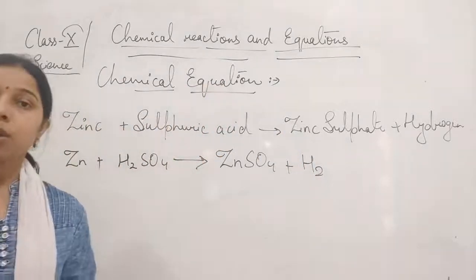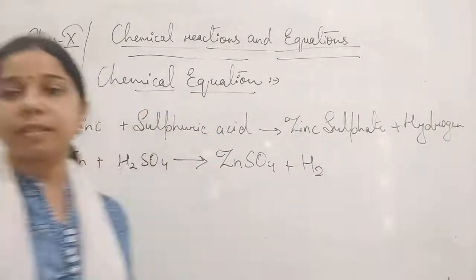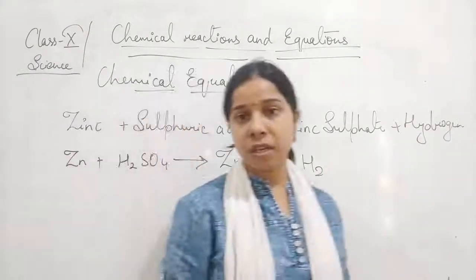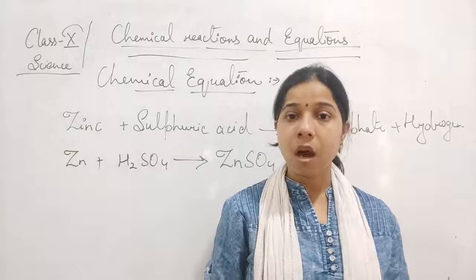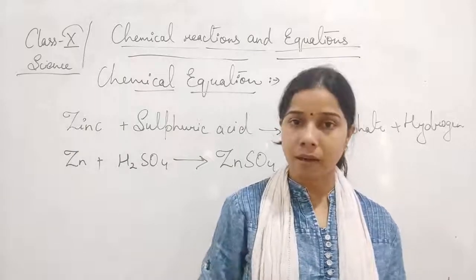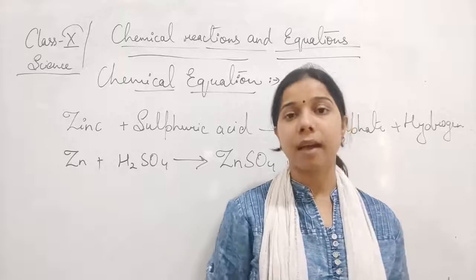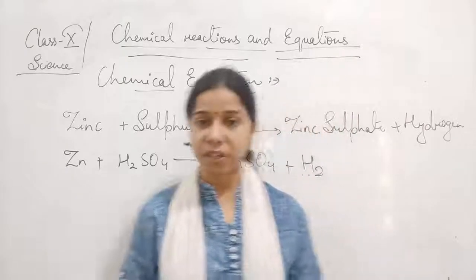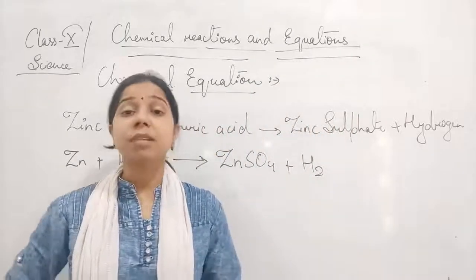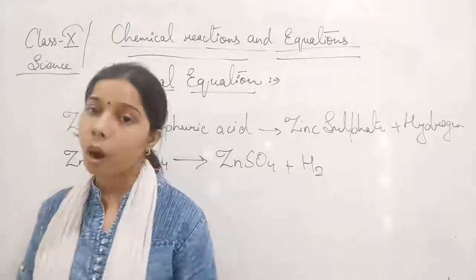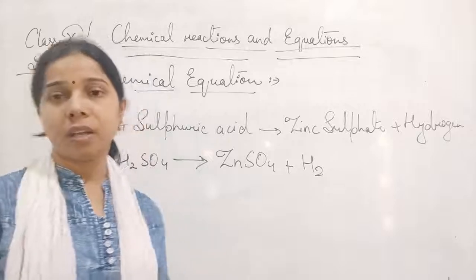So when we represent a chemical reaction in its symbols or formulas, that particular reaction is called a chemical equation. It means representing a chemical reaction in its formulas or symbols is a chemical equation.